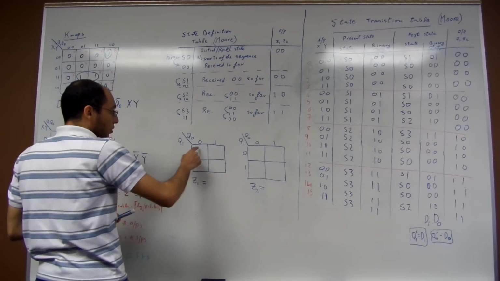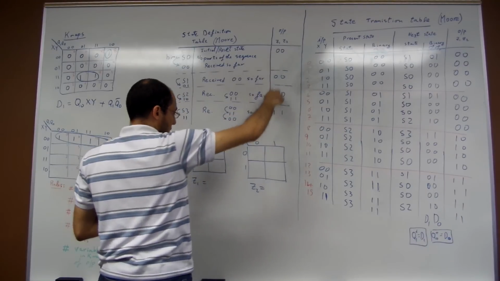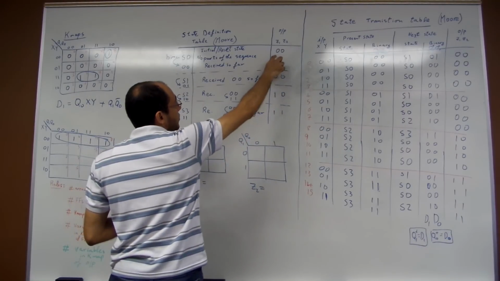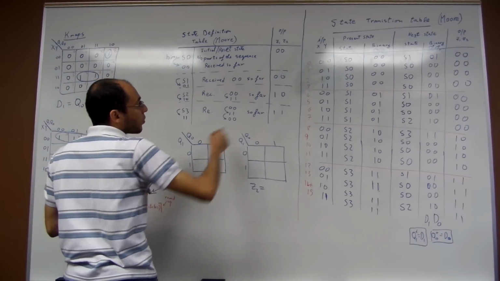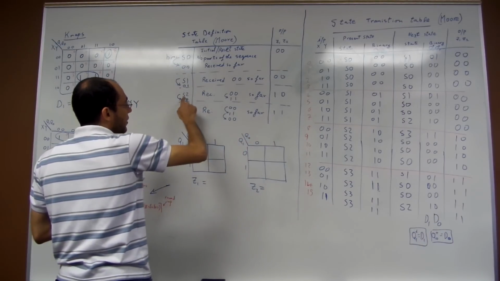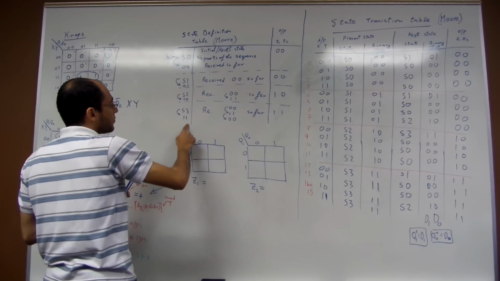So that's the Z1 and that's the Z2. Let's look at the Z1. It is 0 when there are zeros. When is it 1? It is 1 when we have a 1 0 or a 1 1.